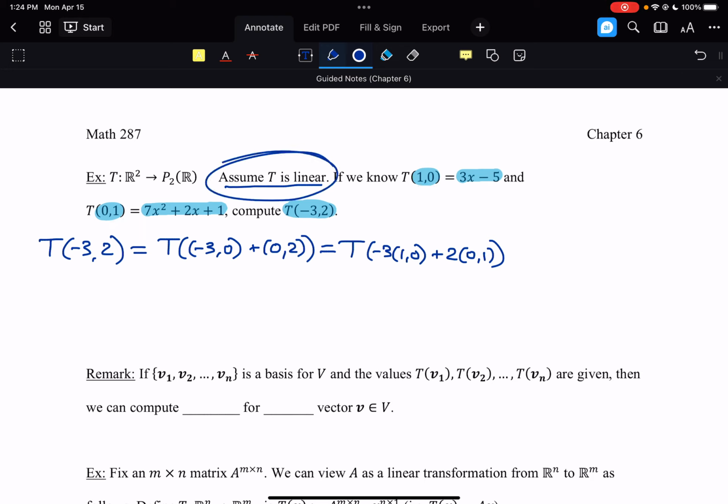Now, because we're assuming that T is linear, that means that it does respect addition and it does respect scalar multiplication. So we can split it across the addition and we can pull out the constants. So we get negative 3 times T of 1, 0 plus 2 times T of 0, 1.